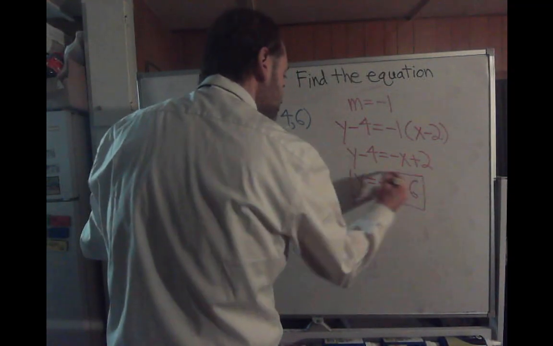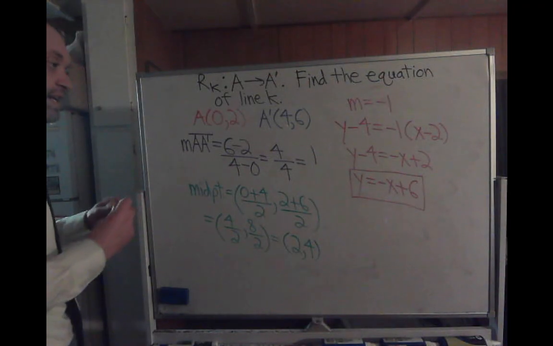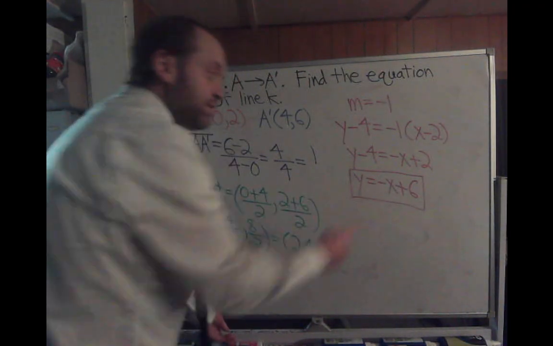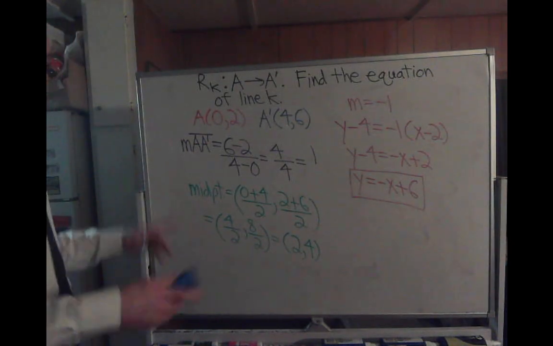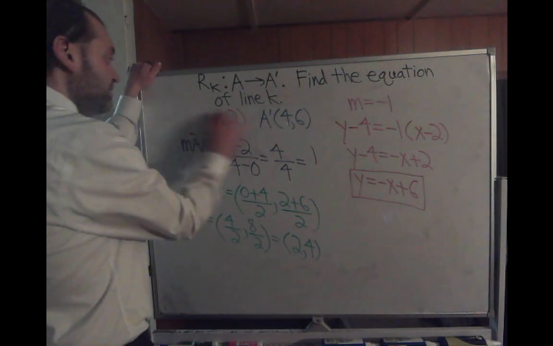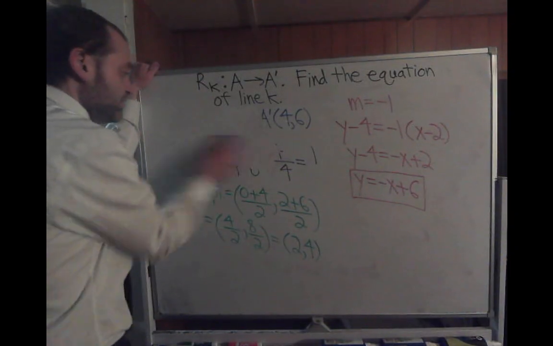So the line of symmetry in this case is going to be at the line y equals negative x plus 6. So this is starting to prove that you can have lines of symmetry in all kinds of other lines.